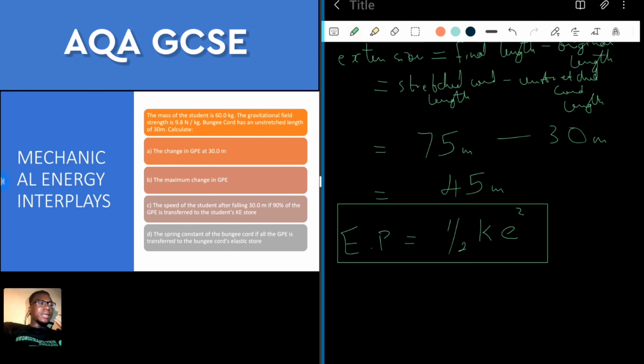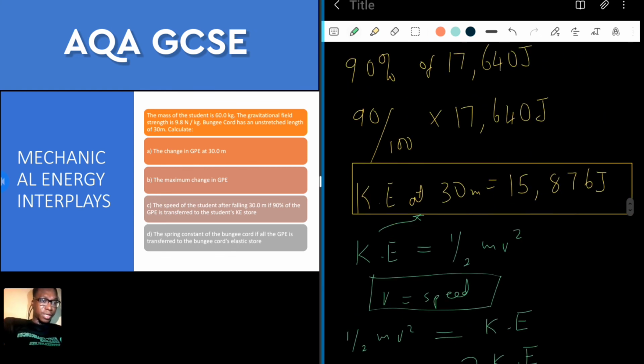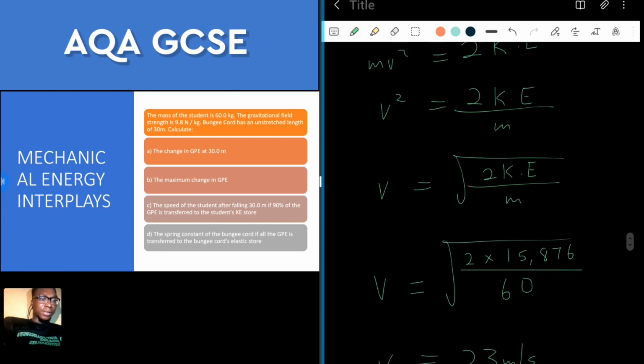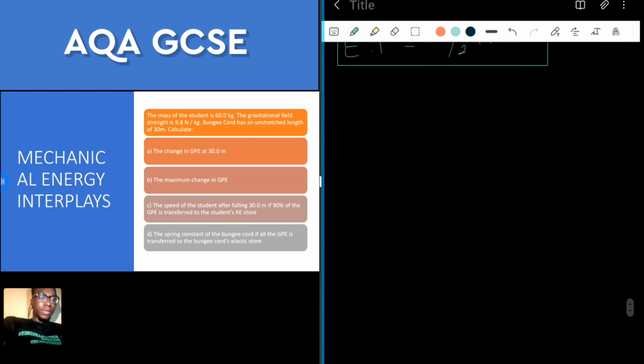Now the question is saying at that point, 100% of the GPE is transferred to the elastic potential. GPE at that point is the GPE at 75, that's the maximum GPE. We've got that as 44,100.